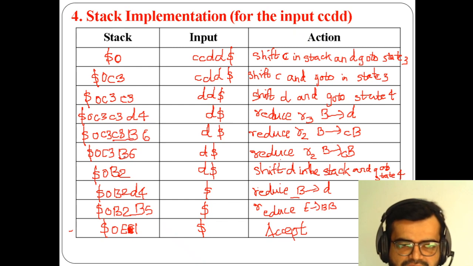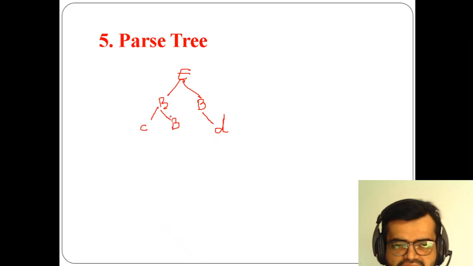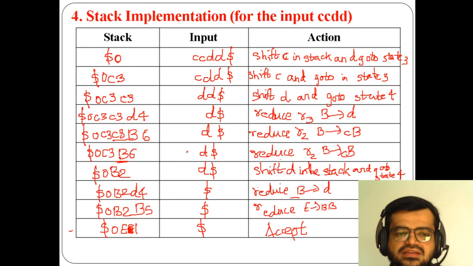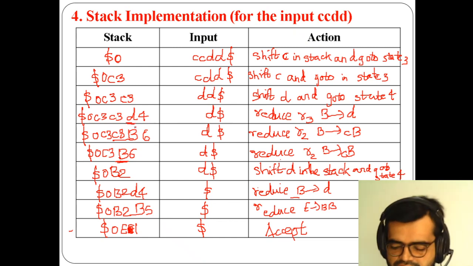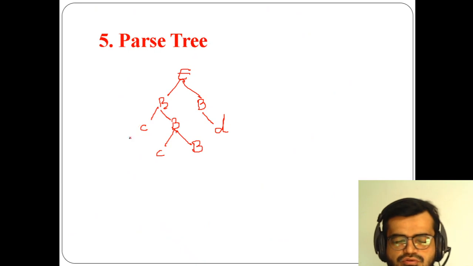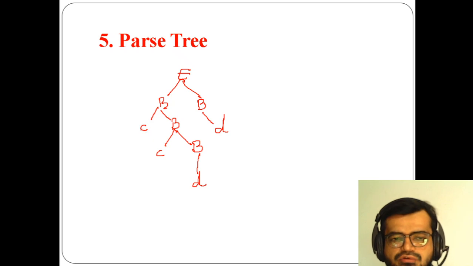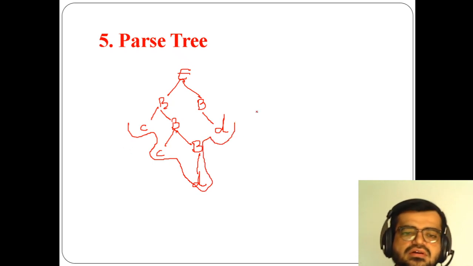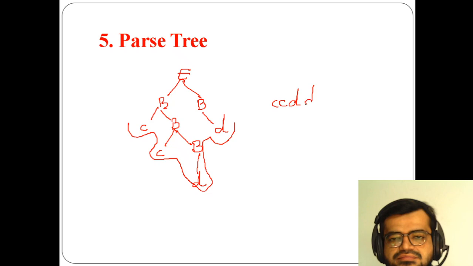If you refer to this P and this B, so here B CB means in this way, small c, and this is capital B. And this B will be giving small d. Now you got C C D D. Okay, so you got C C D D.